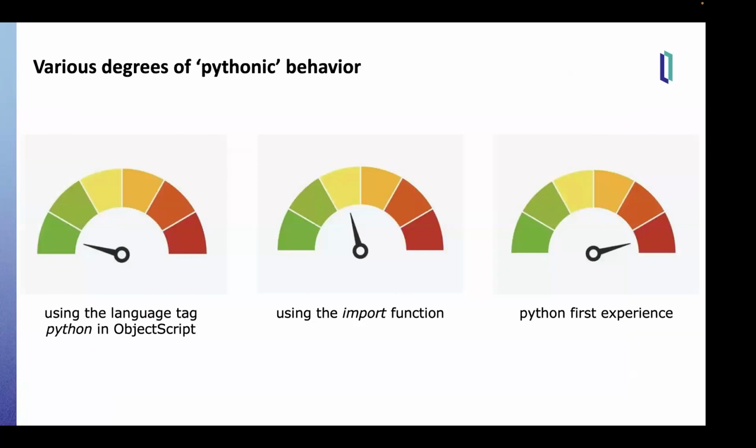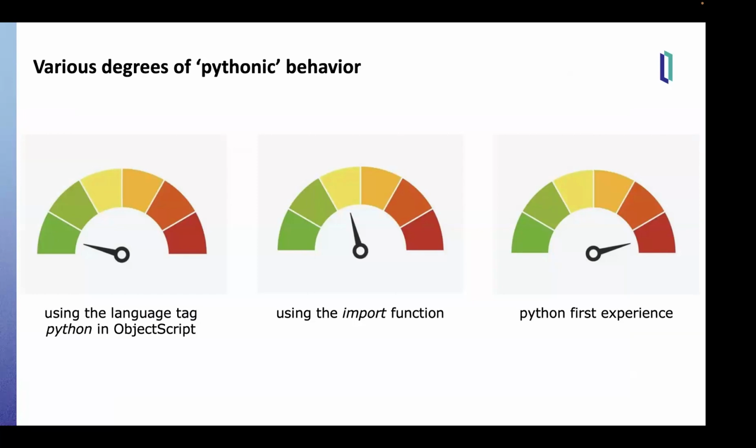Revisiting this, depending on where you're coming from and what your skill set is in Python, you can either start with a very ObjectScript focused integration, which is probably more like using the language tag Python in ObjectScript, or you're trying to use the import function to interact with more complicated and powerful modules.